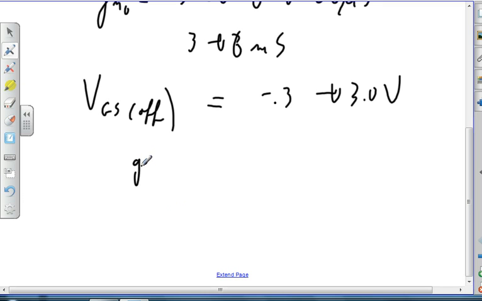Okay, so we want to find the range of GM, given that VGS is minus 0.2 volts. So that being the case, we need a formula, so we have to go looking for it.